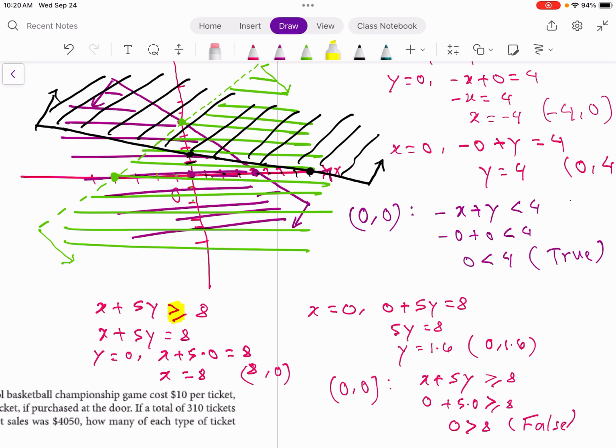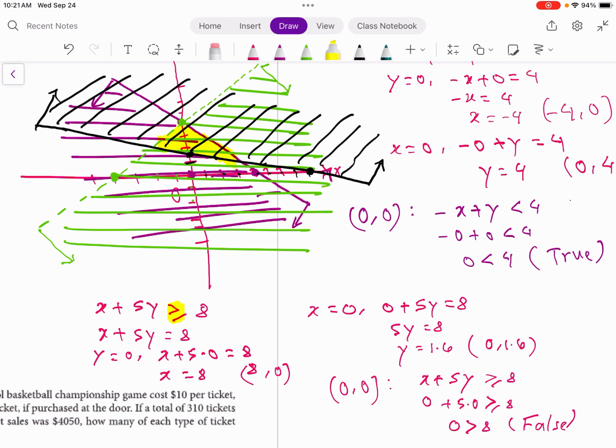Now, here, this region, this part is common. Okay, and this yellow region, whatever points we have here are the solution for this system of linear inequalities.